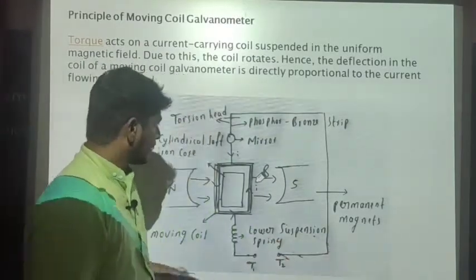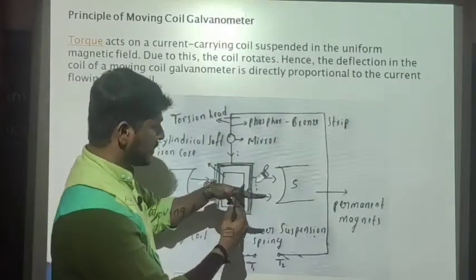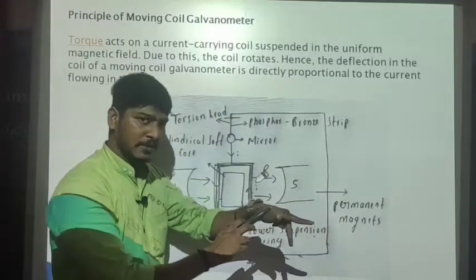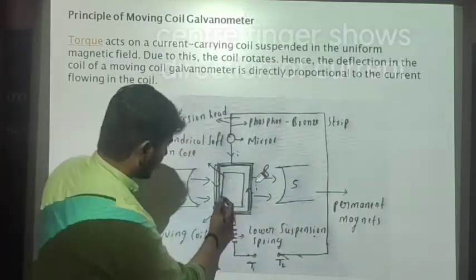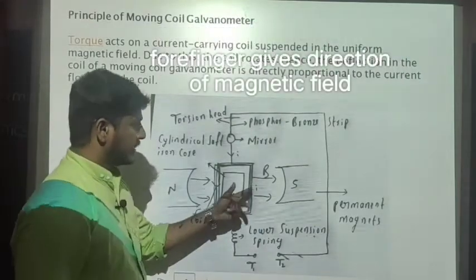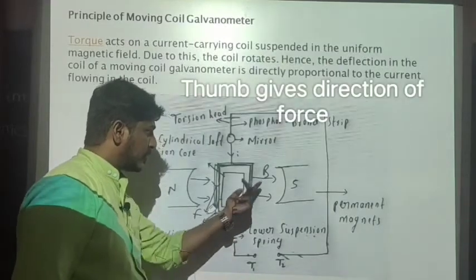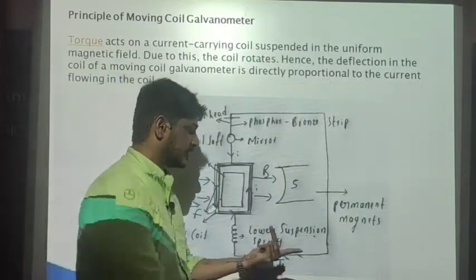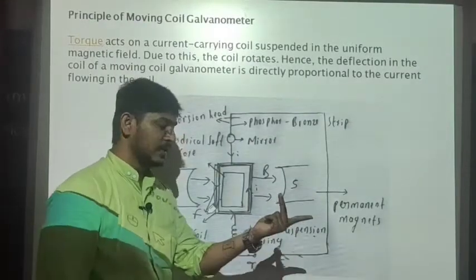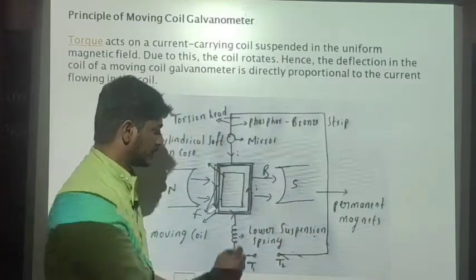Here you can see that this is the direction of current and this is the direction of magnetic field. Then this gives the direction of force. Here also you can see the current vector and magnetic field vector, and the direction of force is into the board.